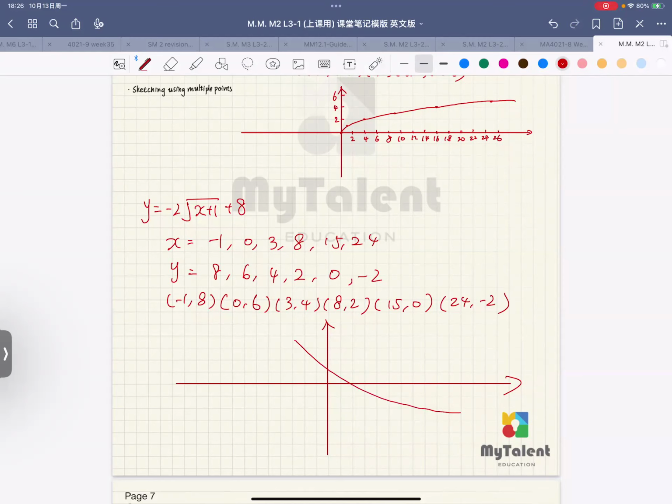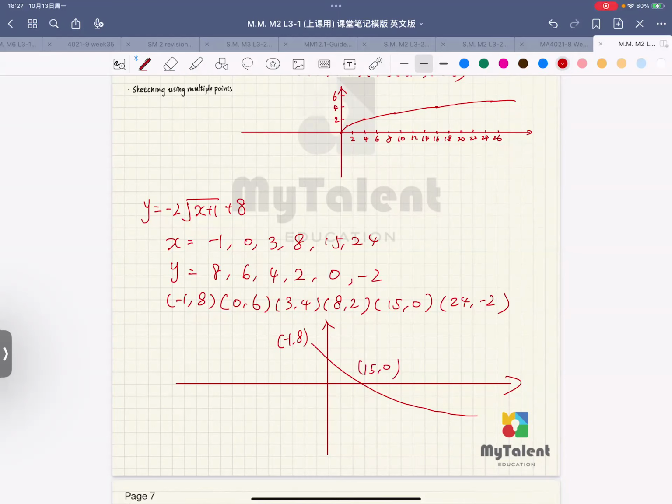This point is -1, 8. I know this is not to scale, but let's say this one is -1, 8, and this one is 15, 0.